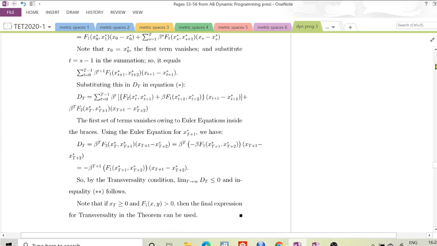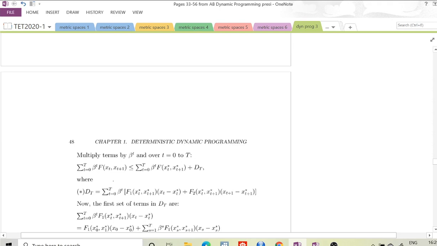So what we are saying is that any other feasible path here is less than or equal to the sum obtained from the discounted present value along this feasible path which satisfies the Euler equations, plus this last term.